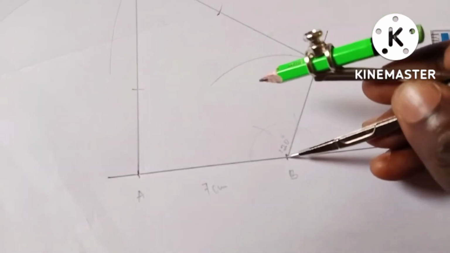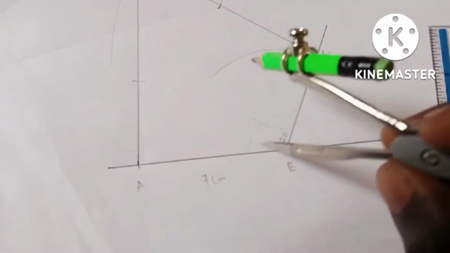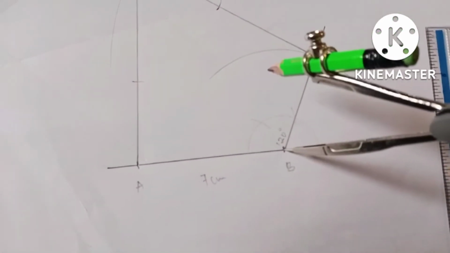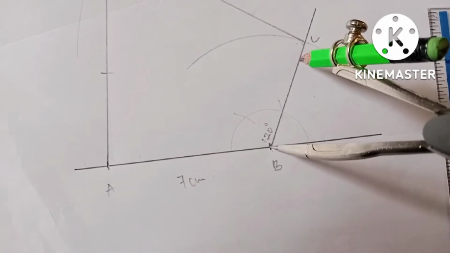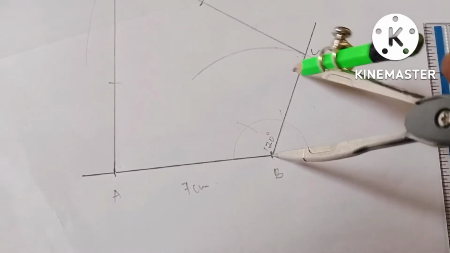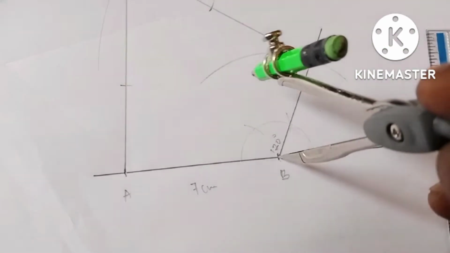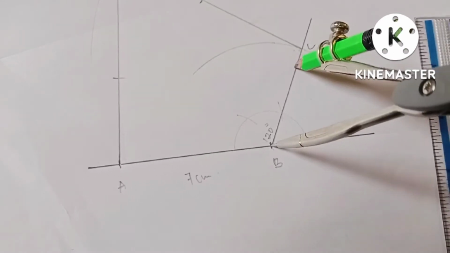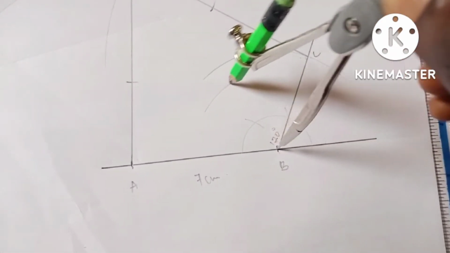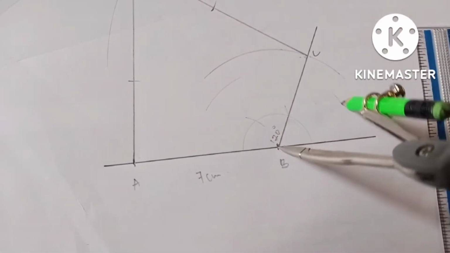So you stand here and open the compass more than half of this line. This is the line that we want to divide into two equal parts, so we are going to bisect that. Come and stand here, construct one arc, and then stand at the other end and construct another arc with the same radius so that they intersect. They intersect at this point here.